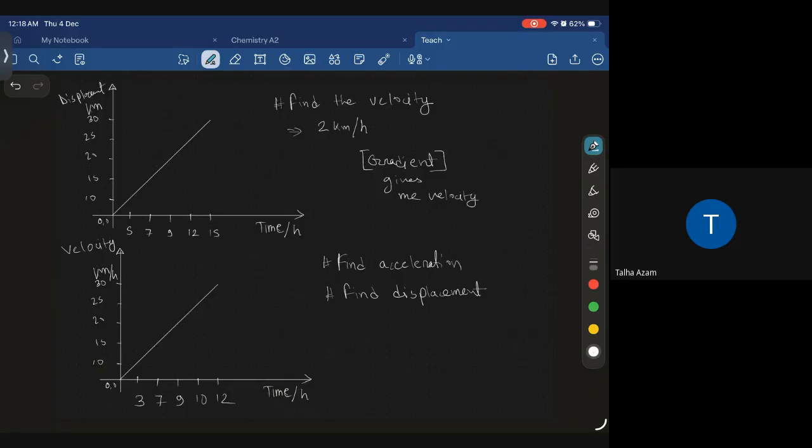Would it be the gradient? Yeah, that's the gradient. The acceleration would come from the gradient. The gradient is 30 over 12. And this will give me 2.5.